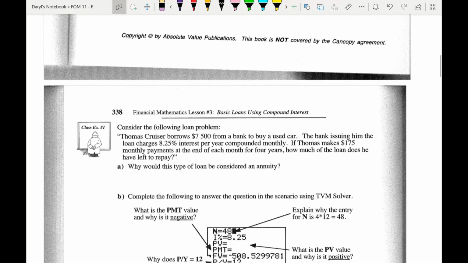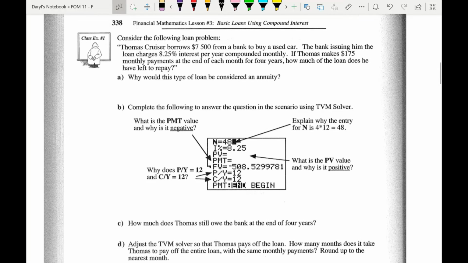Let us consider this example. Consider the following loan problem. Thomas Cruiser borrows 7,500 from a bank to buy a used car. The bank issuing him the loan charges 8.25% interest per year compounded monthly.